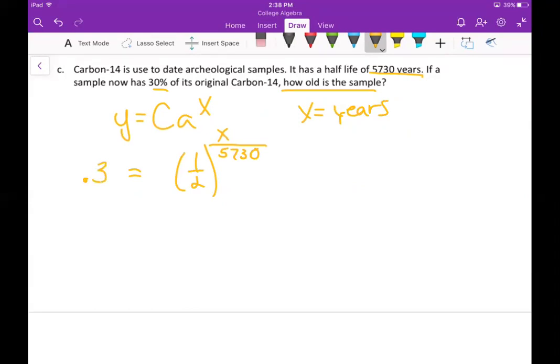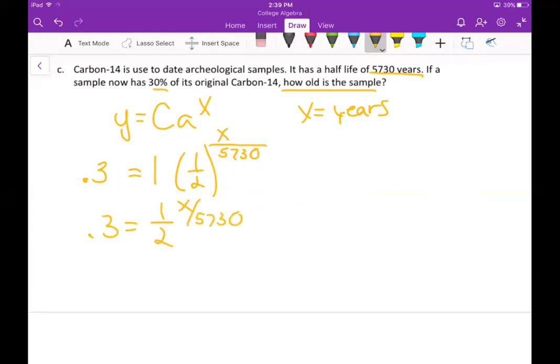Let's just keep this simple and say we started with a sample of one, or you can think about that as we start with 100% and now we have 30% left. Okay? So 1 times anything is just itself. So this is really just 0.3 equals 1/2 to the x over 5,730.